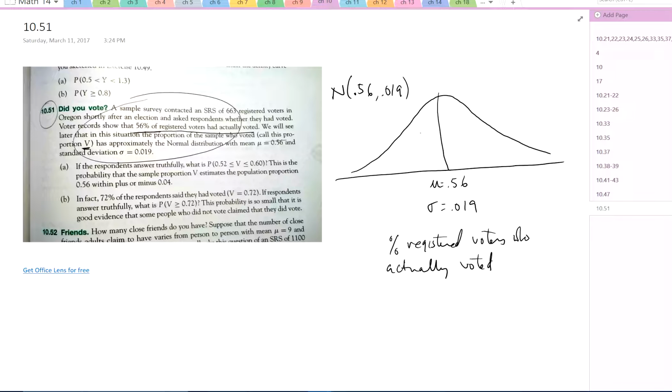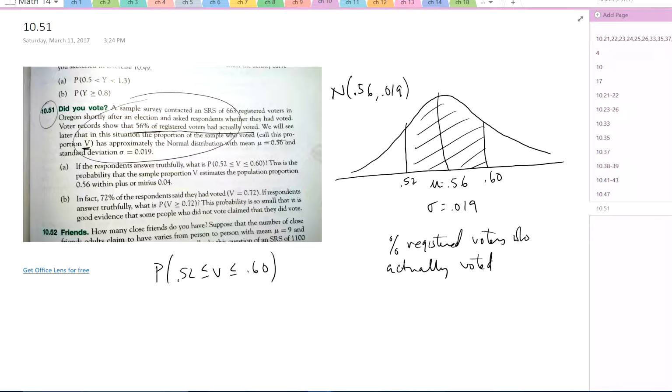Okay, so between 52 and 60. So we're looking for that. The probability 0.52 less than or equal to V less than or equal to 0.60. Well, how do we handle that? I'm going to go ahead and convert these to z-scores, but before I do that, let's read the rest of the question here.